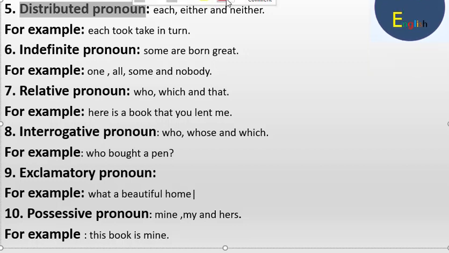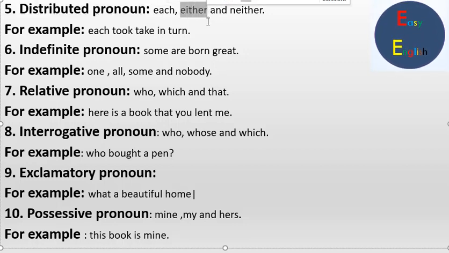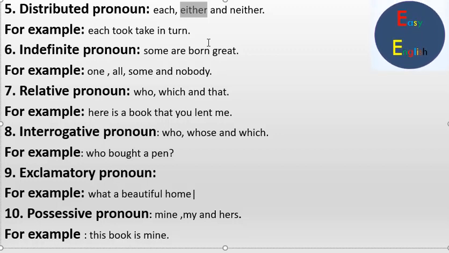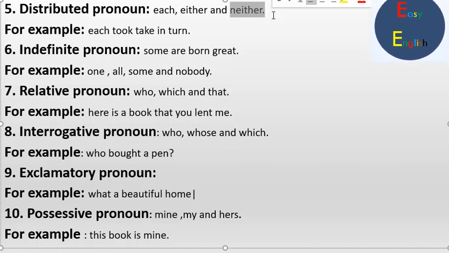What is meant by either? Either means one or the other of two. And what is meant by neither? Neither means not the one nor the other of two.